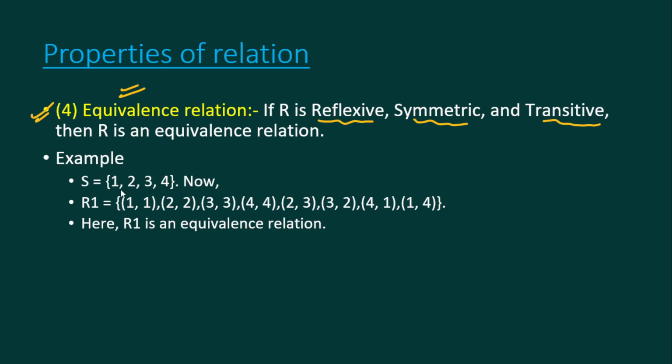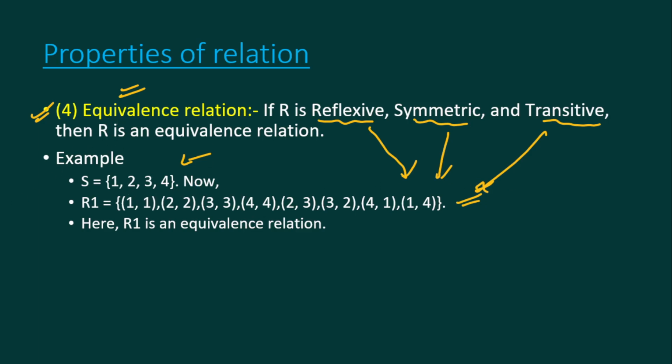Here you can see that we have set S as 1, 2, 3, 4, and we have proved all the things on this set. You can check 1 comma 1, 2 comma 2, 3 comma 3 and everything for all three relations. This set will satisfy all three, so we can say that this is an equivalence relation.